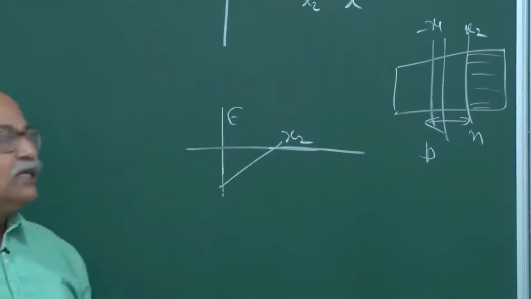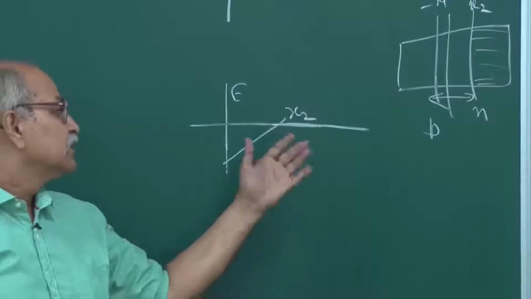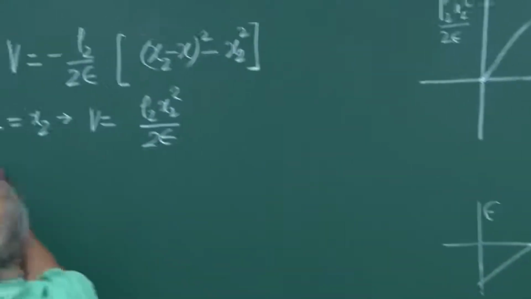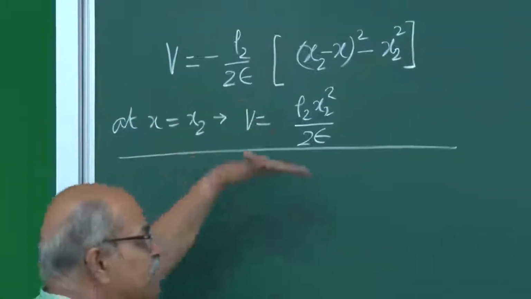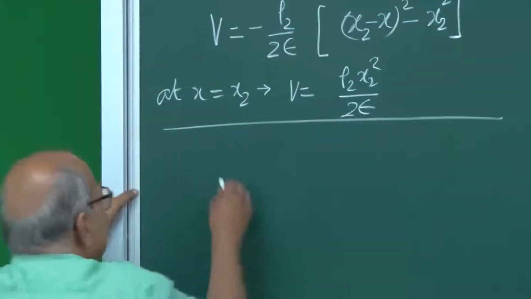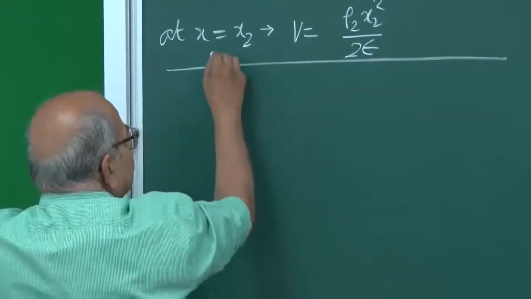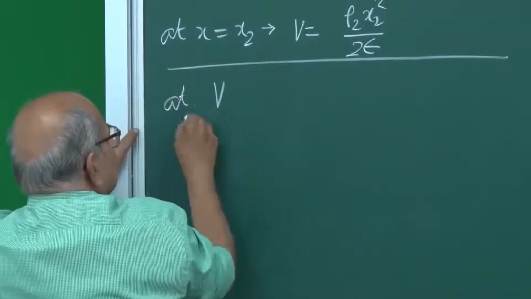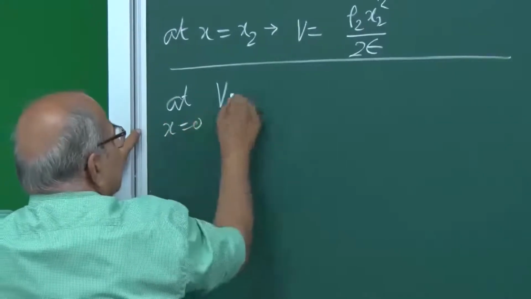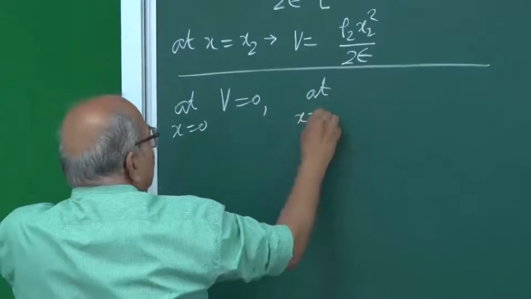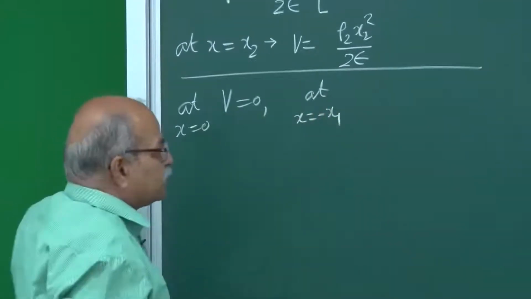Same is the story on the p side, or x less than 0. For x less than 0, if you write, it is the same algebra, identical, and this v will be 0 at x equal to 0, we have taken v equal to 0 anyway, and at x equal to minus x1 it should be quadratic.